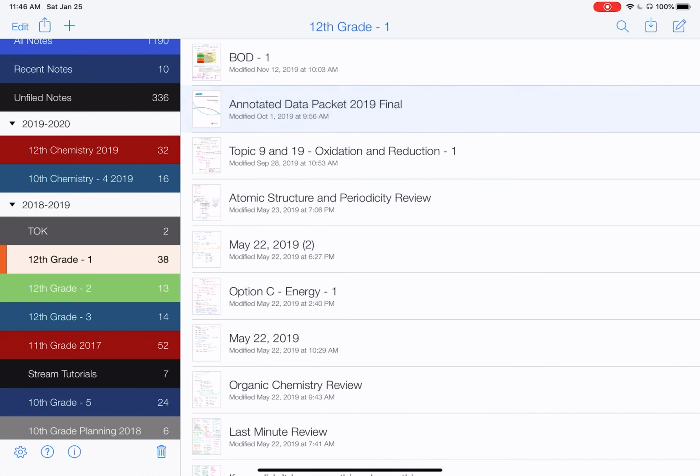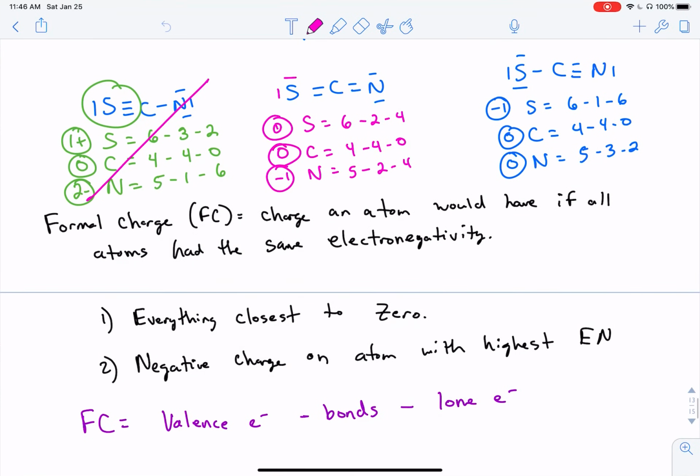So you will choose this as your optimal structure, because it follows these two characteristics. One, everything is close to zero, so 0, 0, -1, and then the tiebreaker is if there's a negative charge.